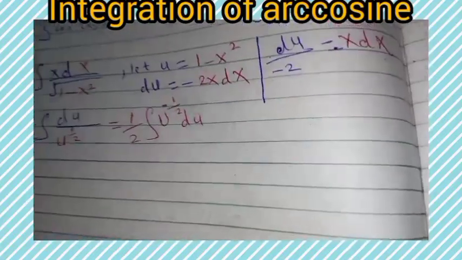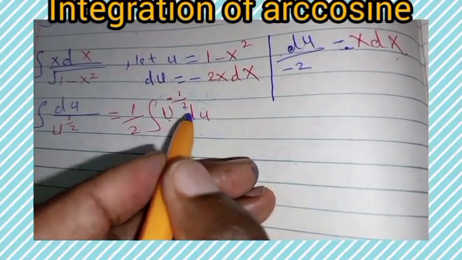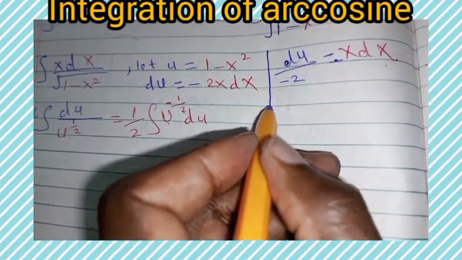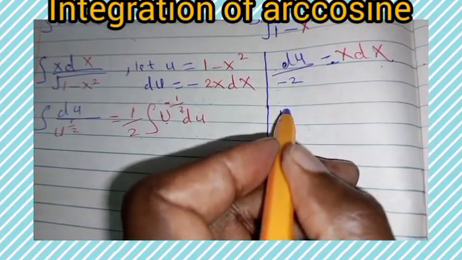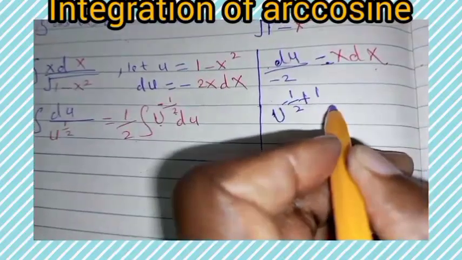Now, integrating by the power rule, we are going to add 1. We can do it aside here. You have power negative half plus 1.